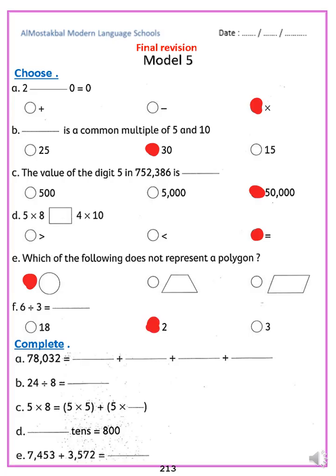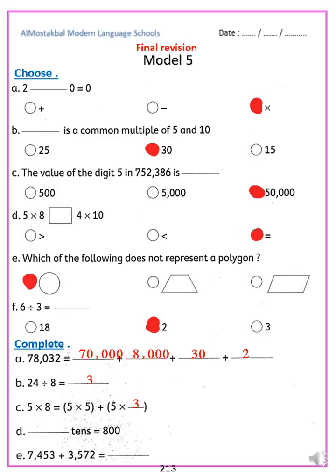Complete. The first question. 78,032 in expanded form. 70,000 plus 8,000 plus 30 plus 2. 24 divided by 8 equals 3. 5 by 8 equals 5 by 5 plus 5 by 3.